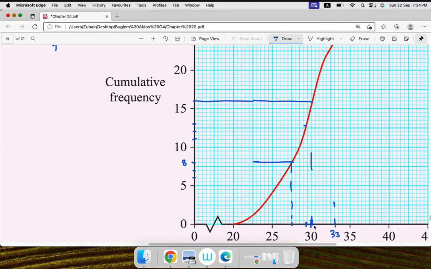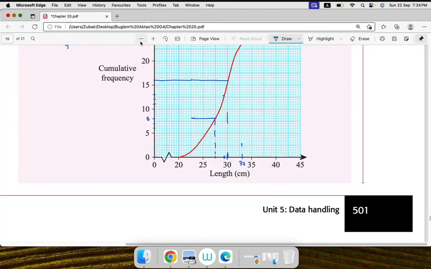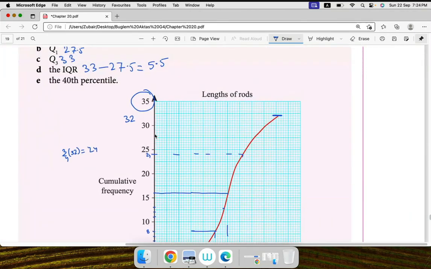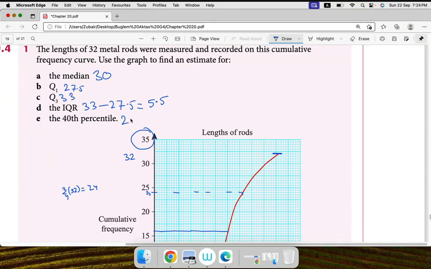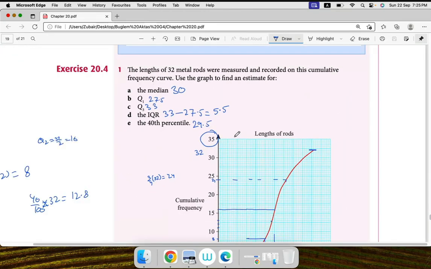Two boxes each for 1 point: 26, 27, 28, 29, 29.5, I guess. So that's it, reading the graphs.